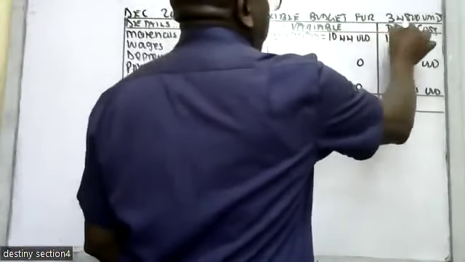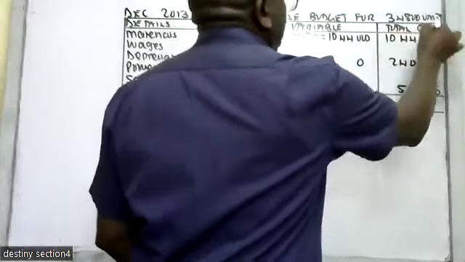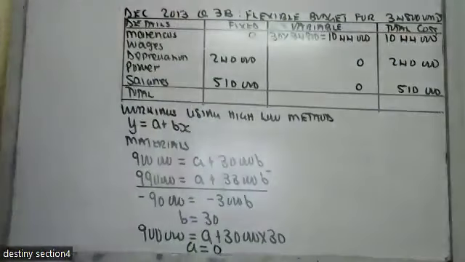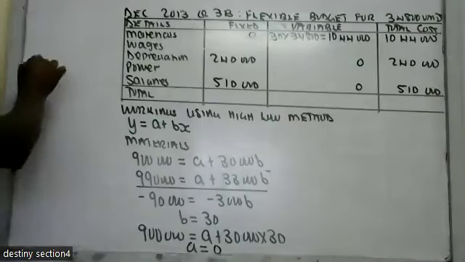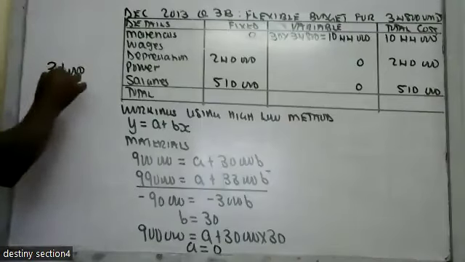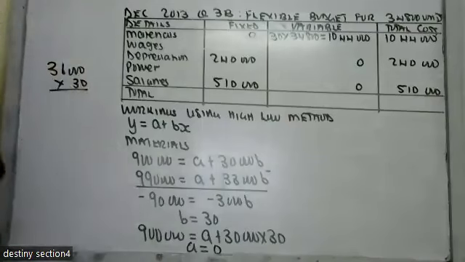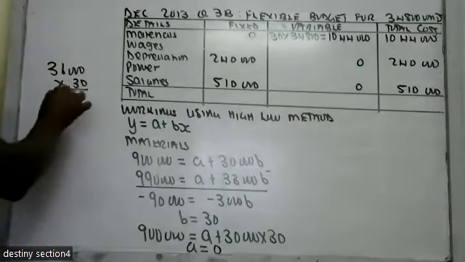So total yake itakuwa 1,044,000. And if you want to test whether you have done the right thing, unaona hiyo ya tatu ya 36,000. Kusema 36,000 multiplied by 30. Check whether itakupea hiyo wamepeana hapo 1080. Yes.